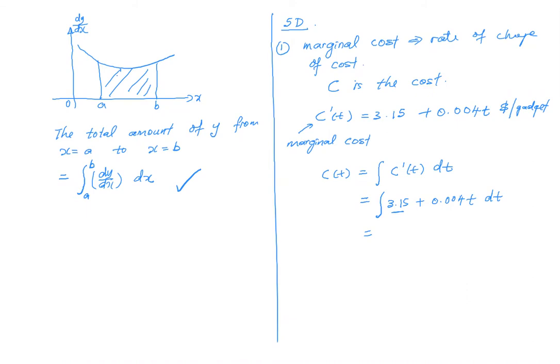Okay? Yes. 3.15 what? Please, you are doing integration. Don't get mixed up. Yes. Someone has told me, you integrate a constant, you just write down the constant times T. Correct?